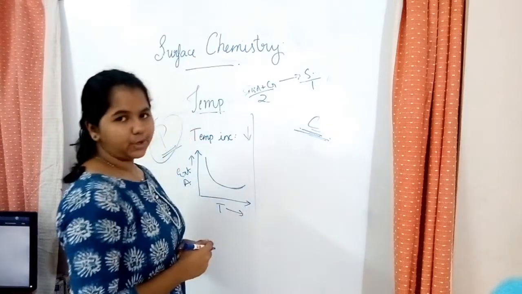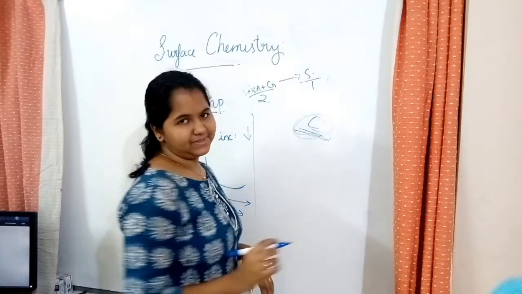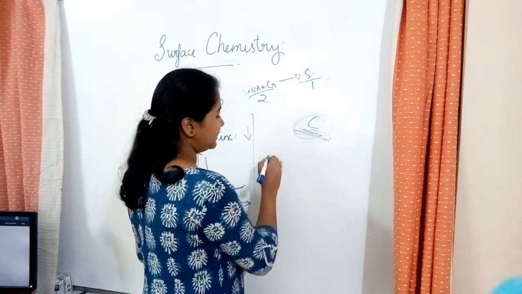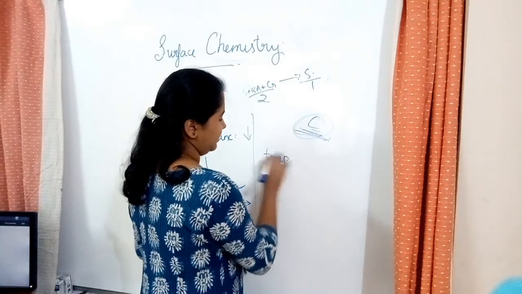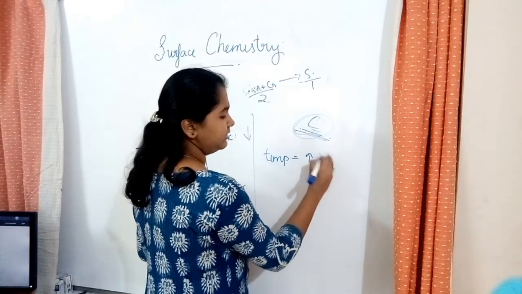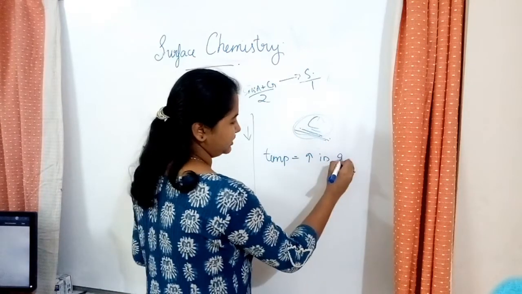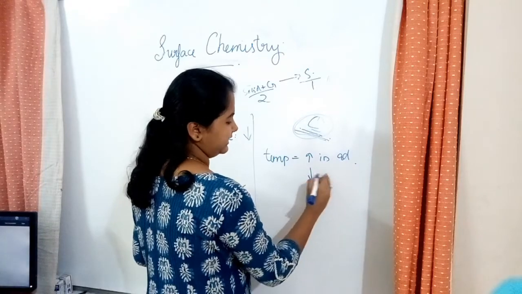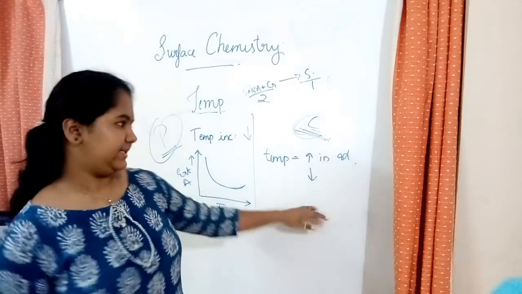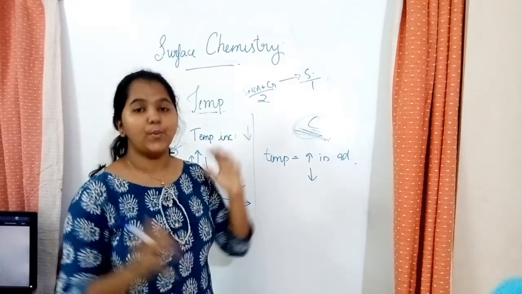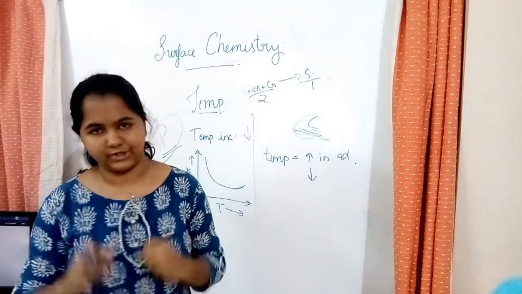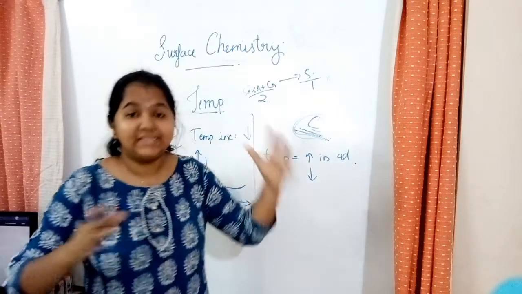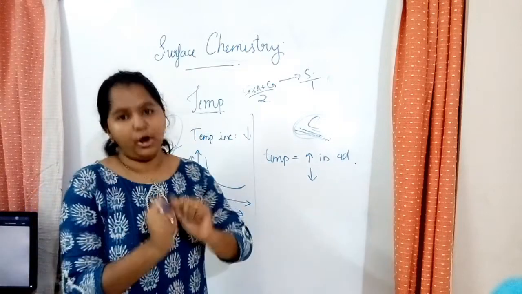For chemisorption, when temperature increases, first there is an increase in adsorption, and later it decreases. I'll tell you in detail why it increases. When more temperature is given, the activation energy is provided, which results in bond formation.